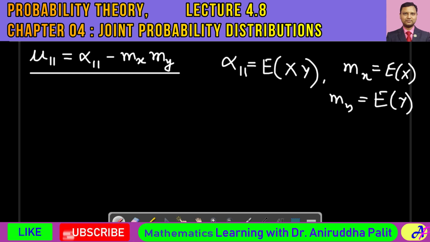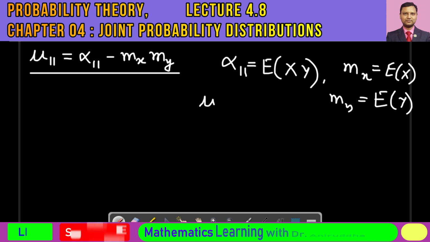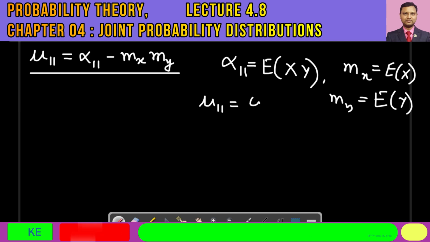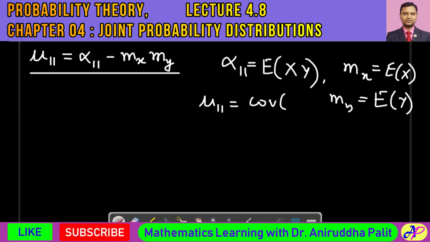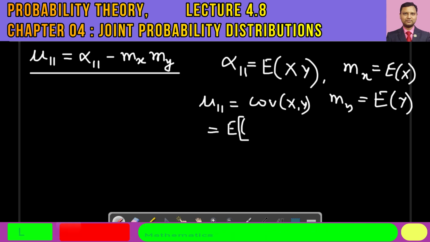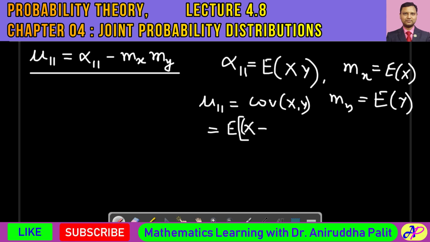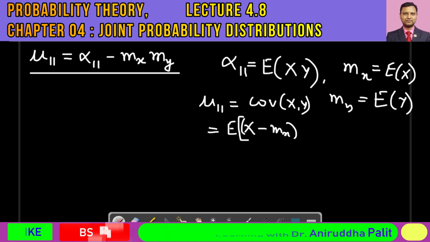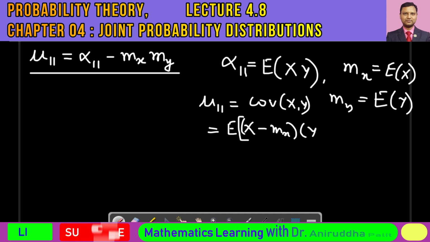So again, let us see what is mu11. Mu11 is equal to the covariance between x and y, and what is this? This is equal to the expectation of this type of expression: (x minus mx) into (y minus my).